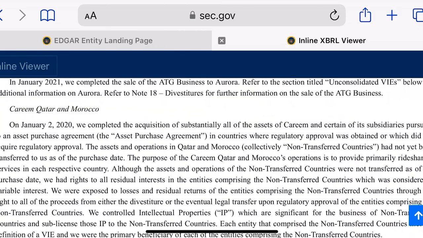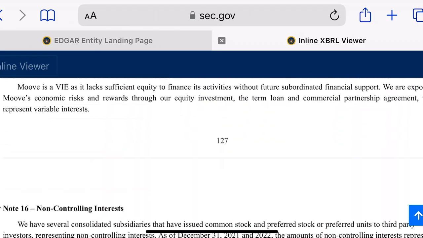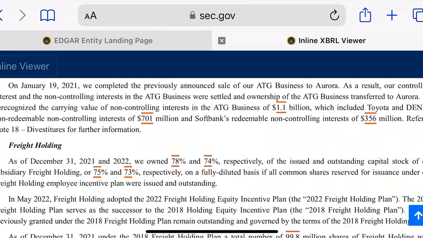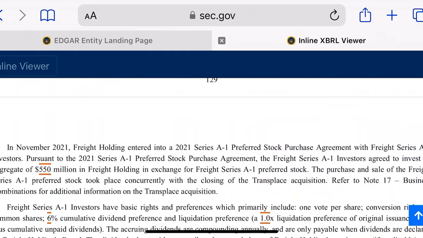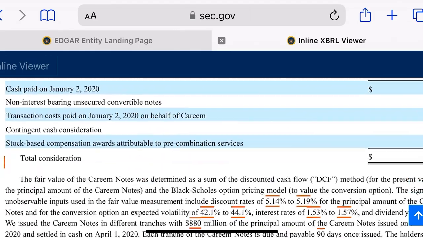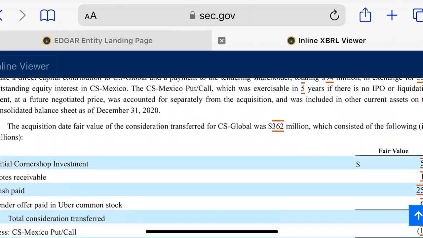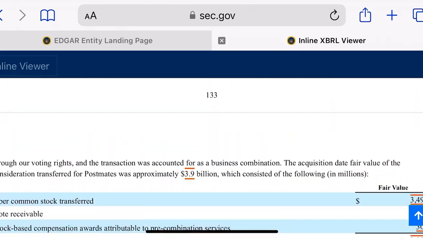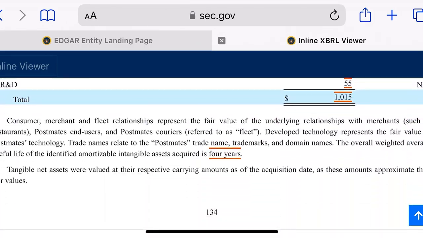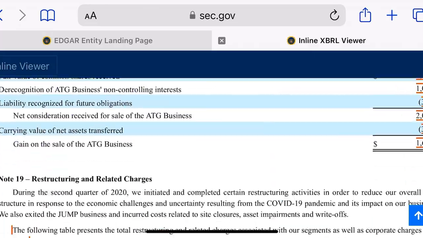Here we have some issues in Qatar and Morocco. Stuff you might be able to find in news stories, but sometimes this stuff's just not covered. There are just so many things that affect so many businesses that, except for reading here, you're probably not going to catch all of those things. So that is to say, read the annual report, read the 10K, get in there and try to understand the company.